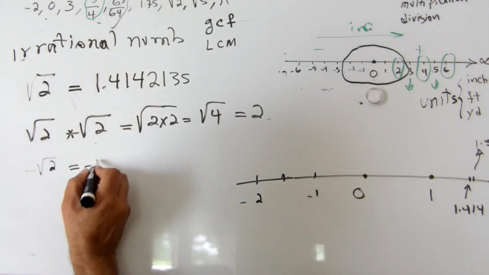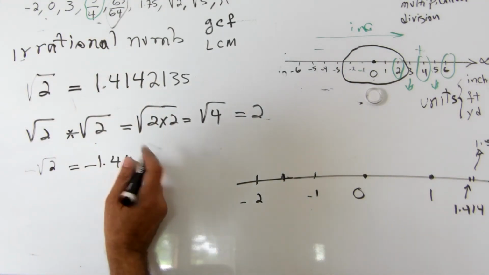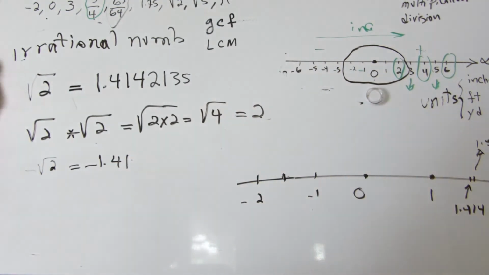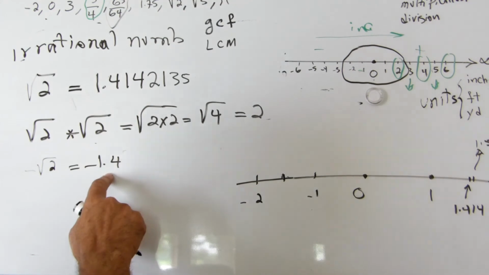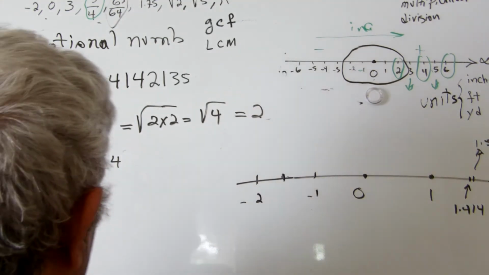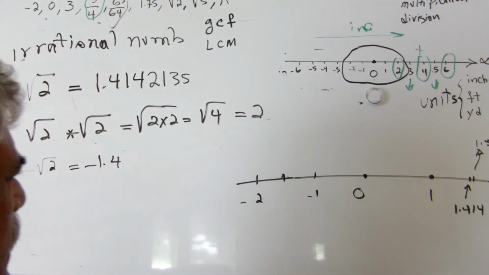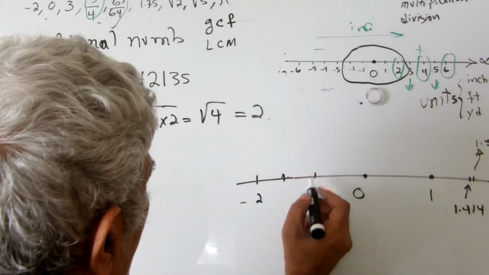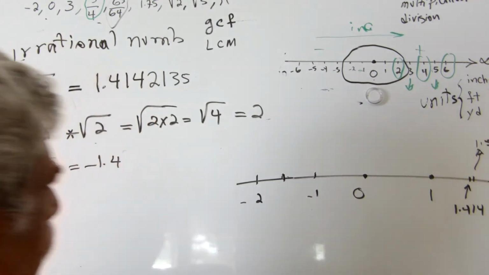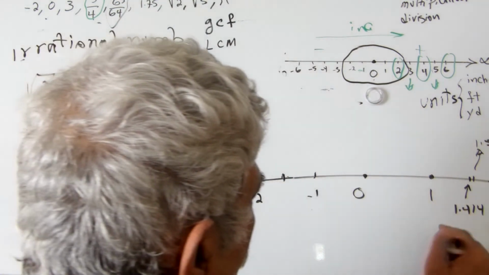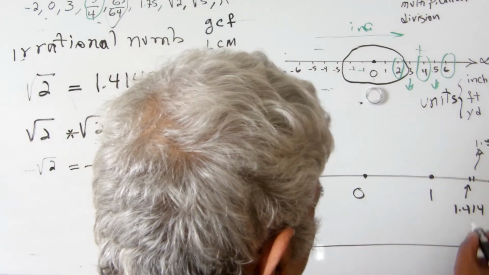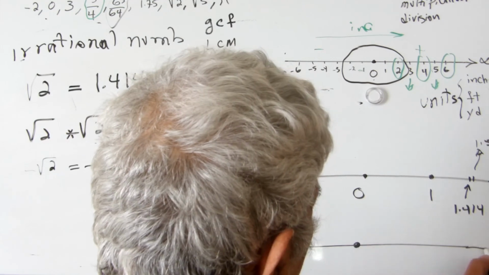This is going to be minus 1.4. We just write it with 1 decimal place, rounded to 1 decimal place. Let me make it larger.